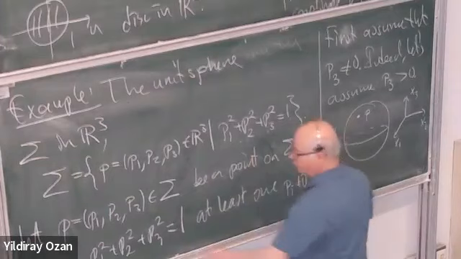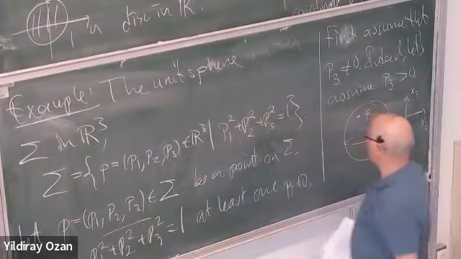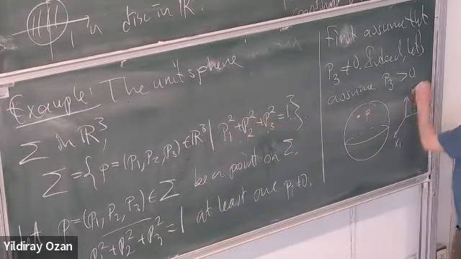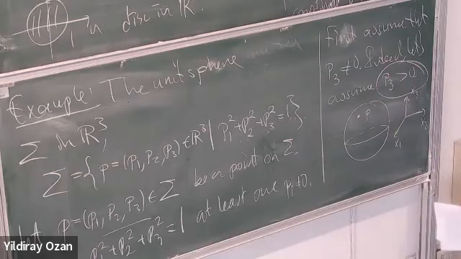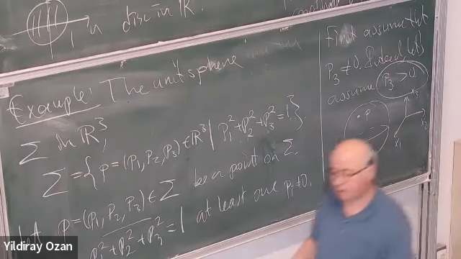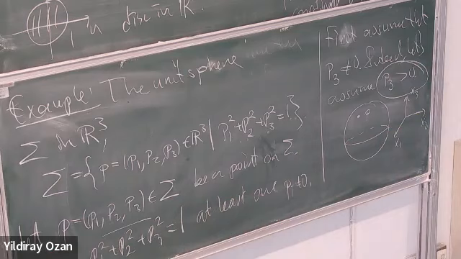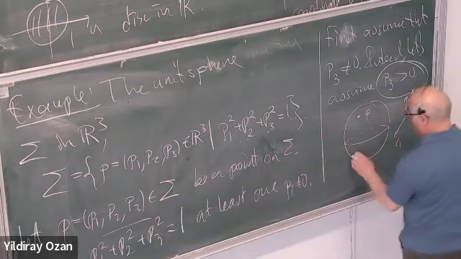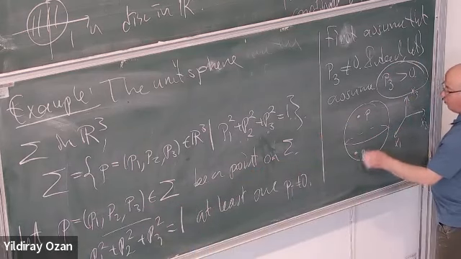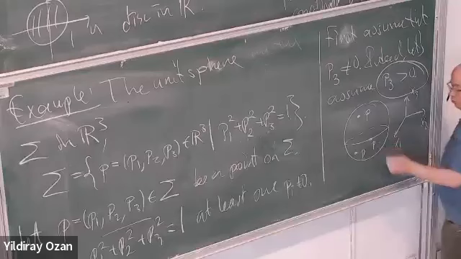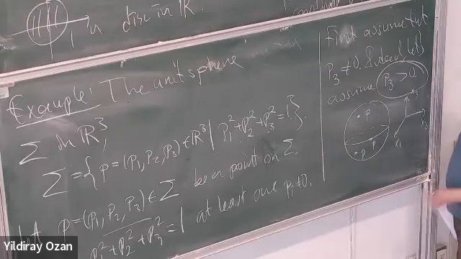I took first an arbitrary point, but then I assumed that the last coordinate is positive, and I did my computation under that assumption. What about the other points? This point could be here or could be here, right? On the equator. Then I need to find other coordinate patches.